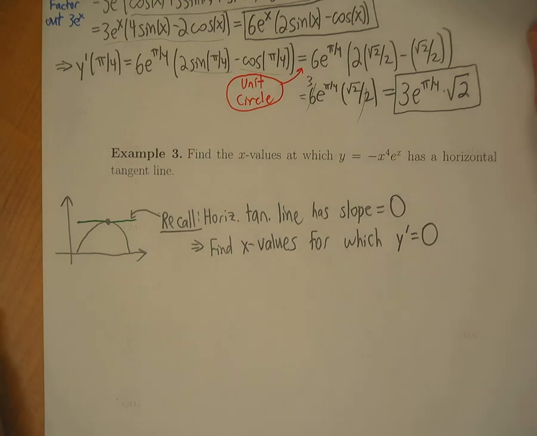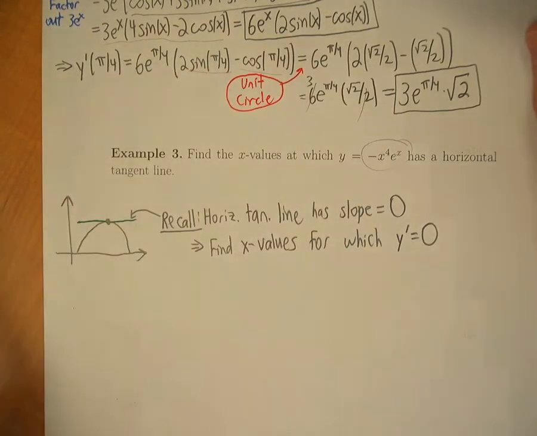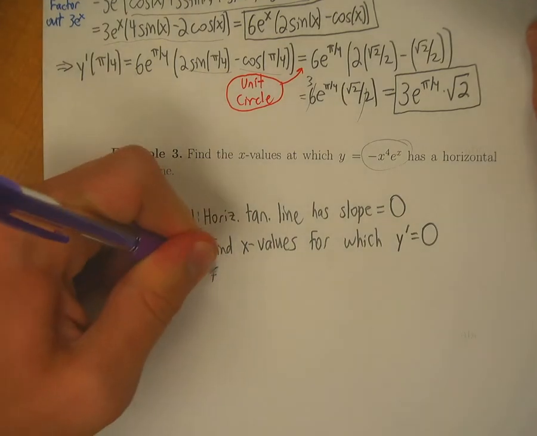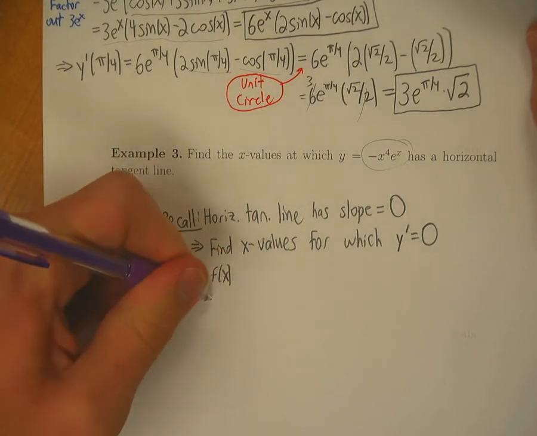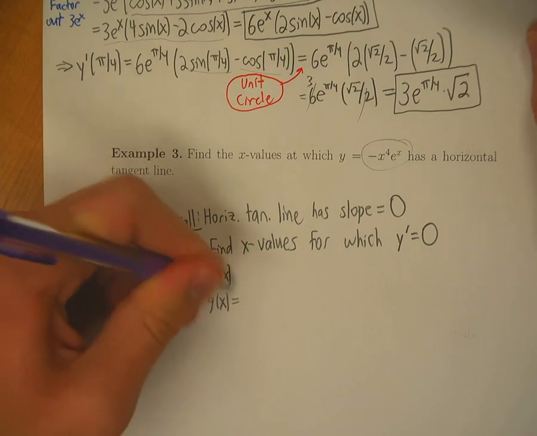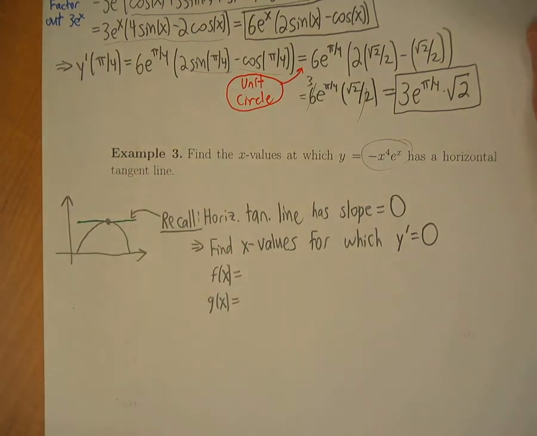So in this case, if you want to find the derivative of our function, we again have a product of two functions. How would you want to break this up? What would your f of x be, and what would your g of x be, if you want to use the product rule?